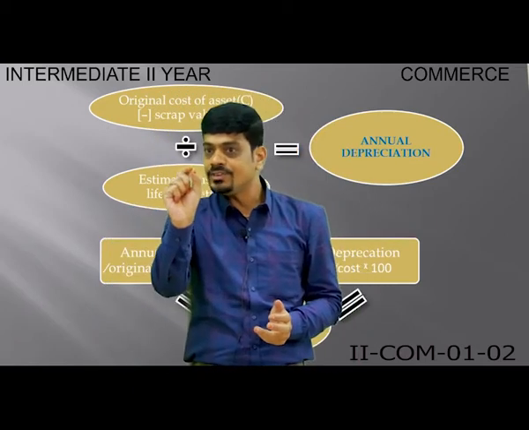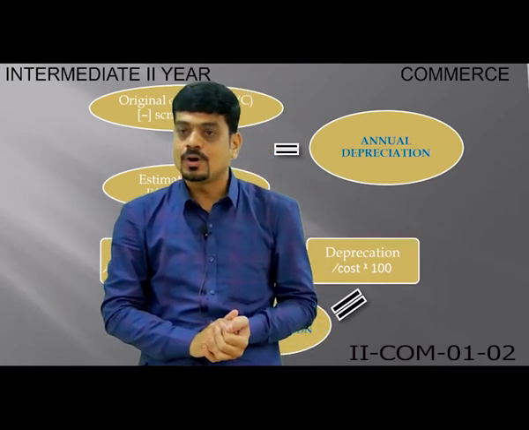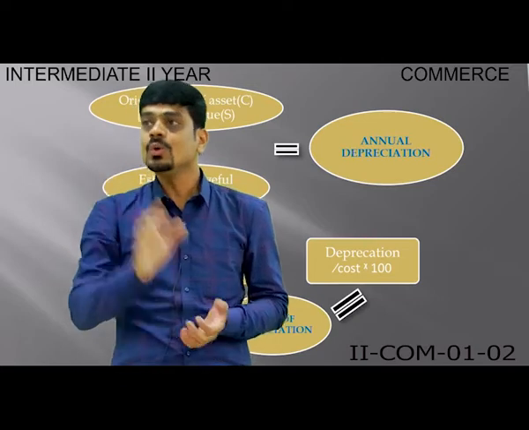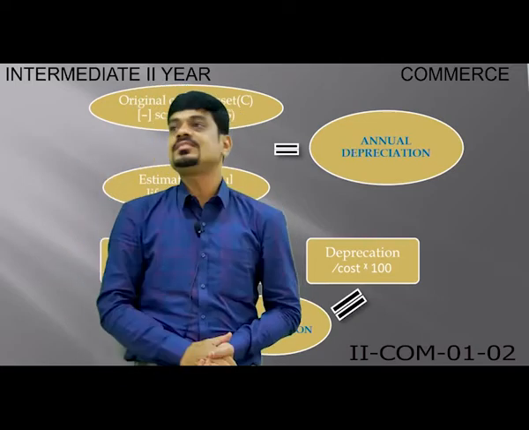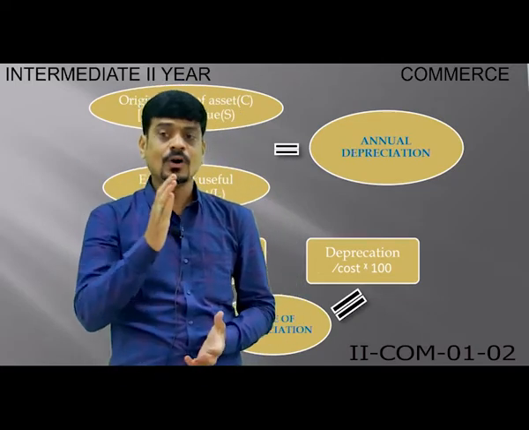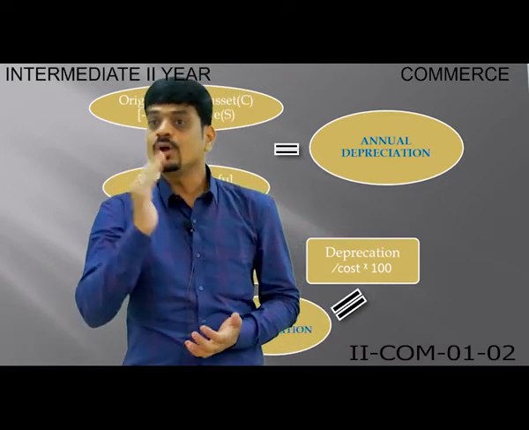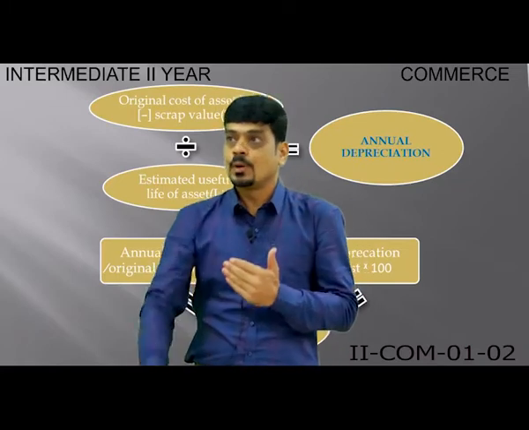So the percentage of depreciation is calculated with the formula: annual depreciation divided by cost into 100. These are the two basic formulas for which you can expect 2 marks questions. Based on this, we will do some problems.